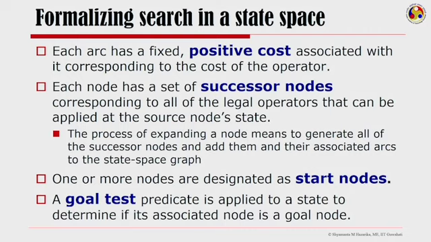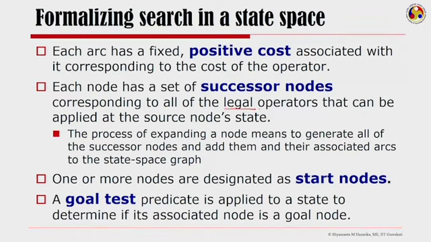Each arc in such a directed graph has a fixed positive cost associated with it, corresponding to the cost of the operator, and each node has a set of successor nodes corresponding to all of the legal operators that can be applied to the source node state. The process of expanding a node means to generate all the successor nodes and add them to their associated arcs.